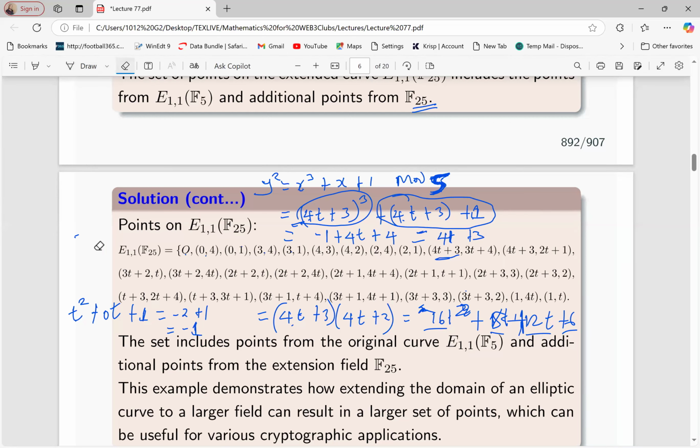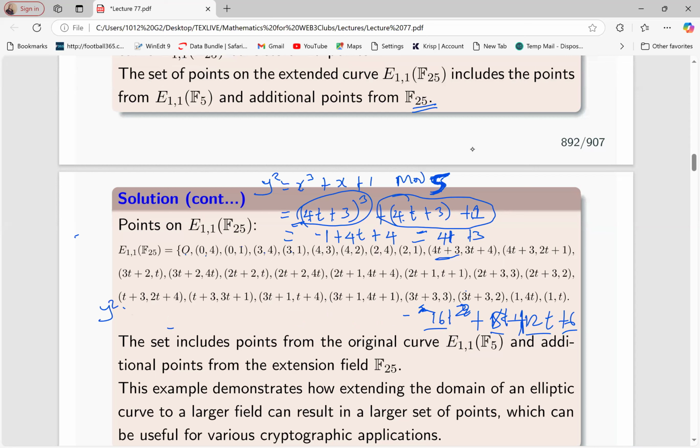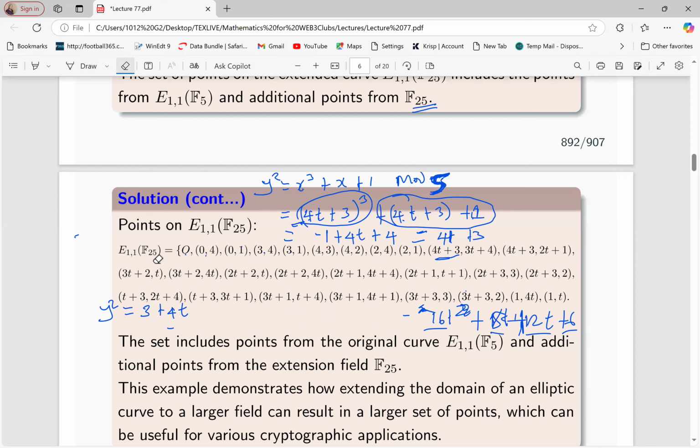What about the square root of that? So our y square, we've now found it to be 3 plus 4t. That's a y square. Now, what we wanted to show is that this point was on the curve.